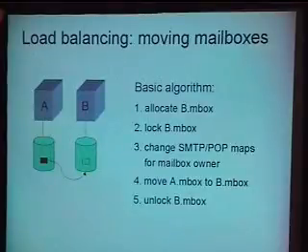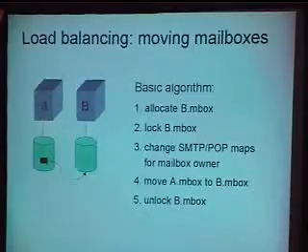That one is locked, which means that the POP user cannot access his mail at this point, and the SMTP inbound mail is queued. Then you move the contents of the old mailbox to the new one, and then you unlock the new mailbox, and then you're up and running. So you have a short outage here for POP users, which is hard to avoid in an architecture like this.